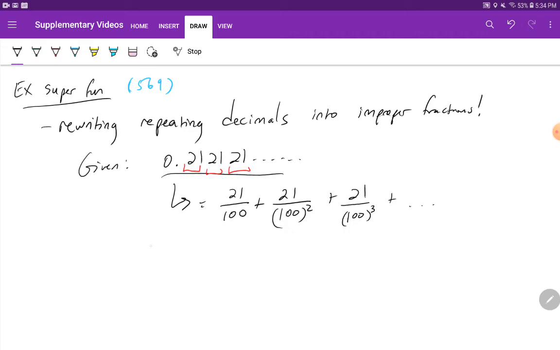Well, we can express this as a geometric series, believe it or not, right? This is going to be the same thing as, let's see, I want my first term to be 21 over 100, because that's A, right? This is A, times what's being multiplied on each step? It looks like 1 over 100. We're starting at 0, going to infinity. What did I do?